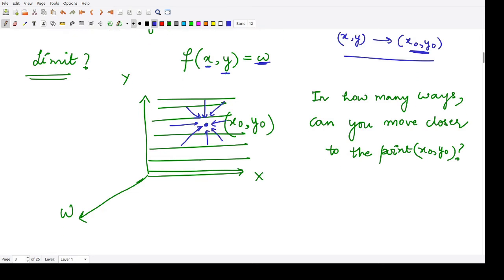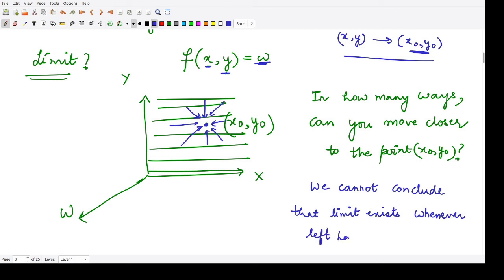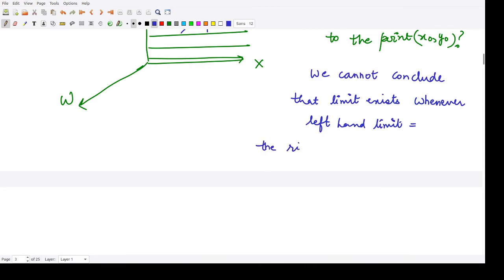So we say here the limit is path dependent. That means it cannot simply be defined by saying that the left hand limit is equivalent to the right hand limit, because here we cannot conclude that the limit exists whenever the left hand limit is equal to the right hand limit.